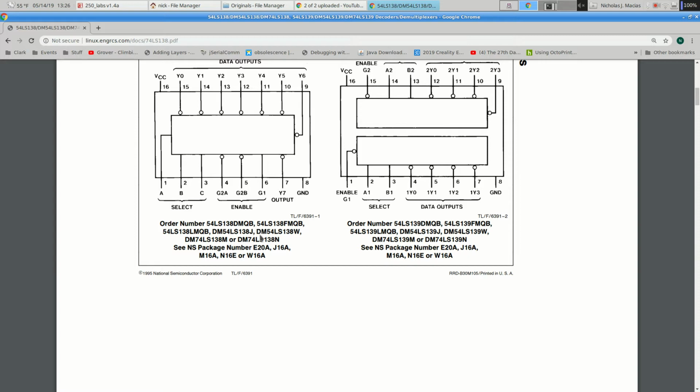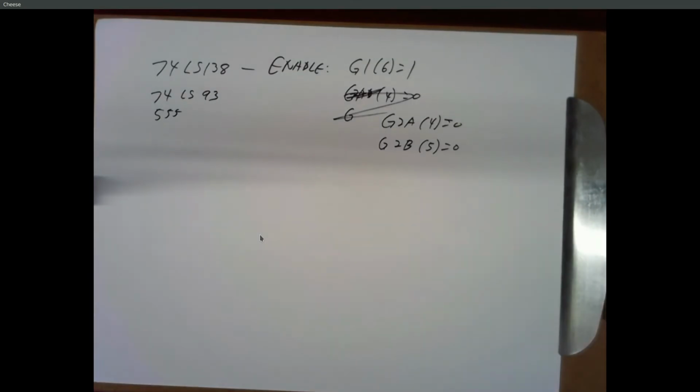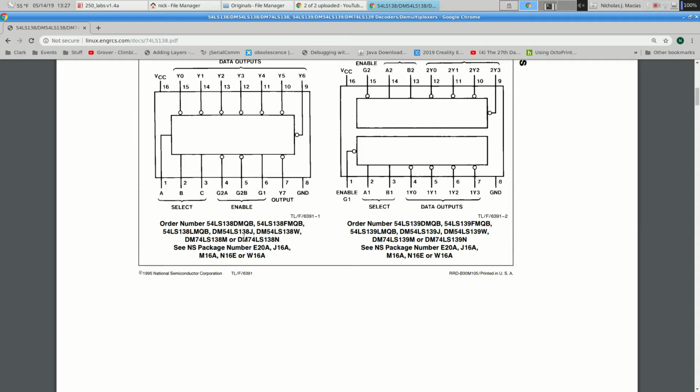So G2A, which is pin 4, should be 0. And G2B pin 5 is a 0. All right, so pin 6 is 1, pins 4 and 5 should be 0. We can tell that from the truth table.